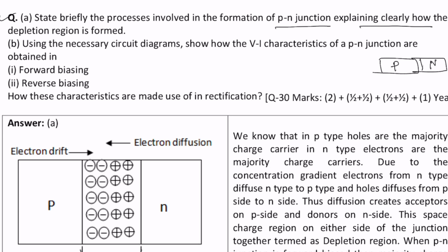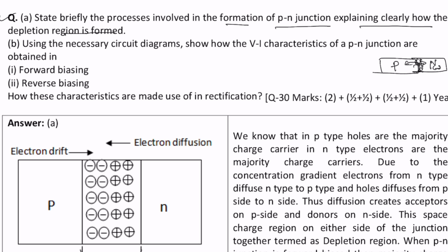So here is the depletion region between p and n. Some of the majority charge carriers of n, which are the electrons, flow towards p. Some of the holes come towards the n type, correct? So this is the depletion region.